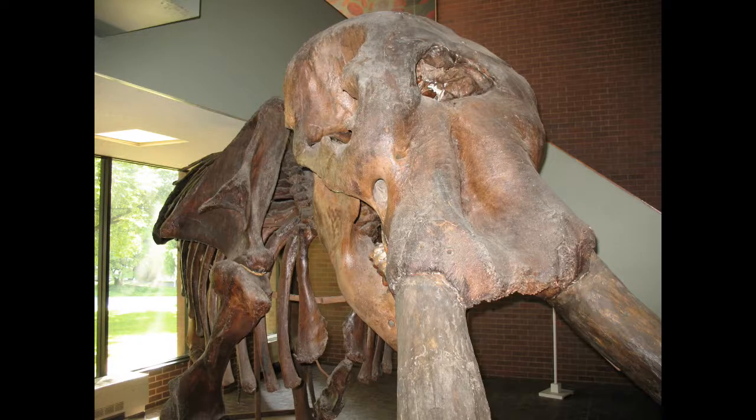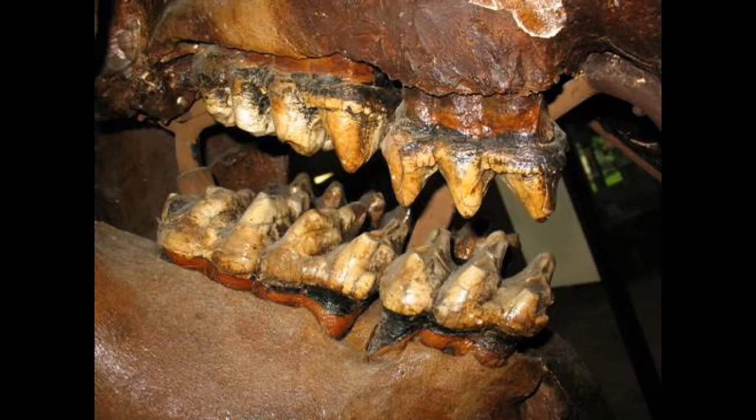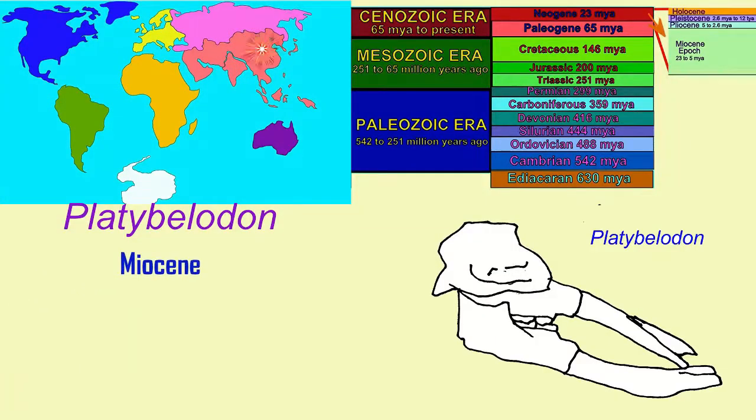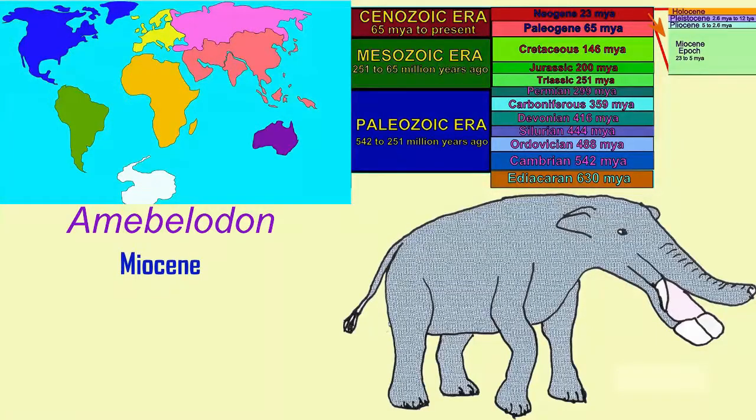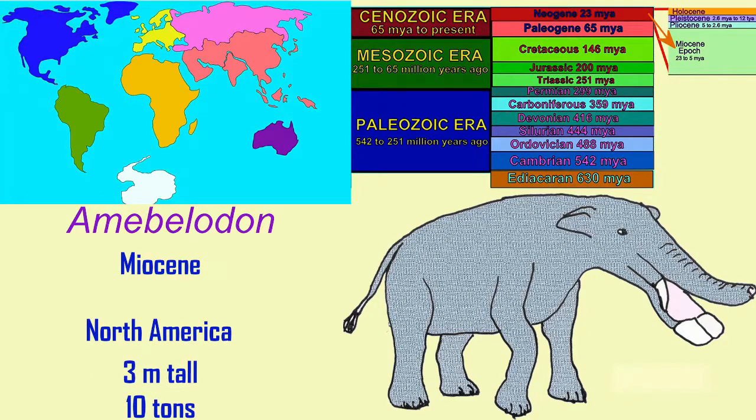Other groups of elephants evolved and spread throughout the world. This included the elephants with the elongated lower jaw, including Platybelodon from Africa and Amebelodon from North America.